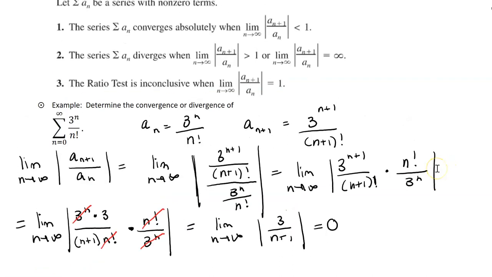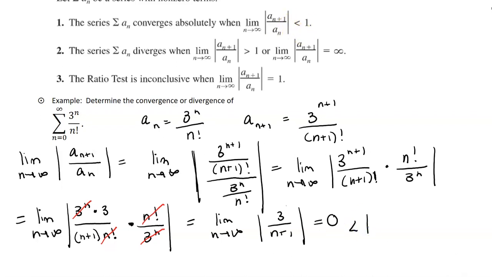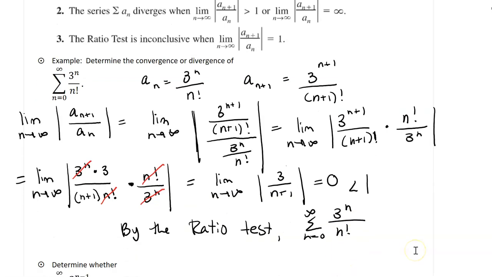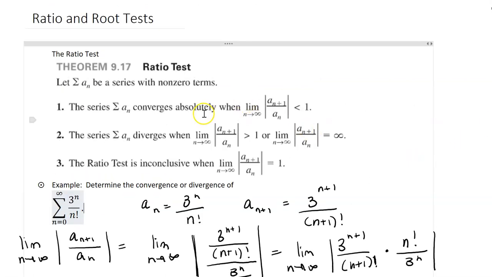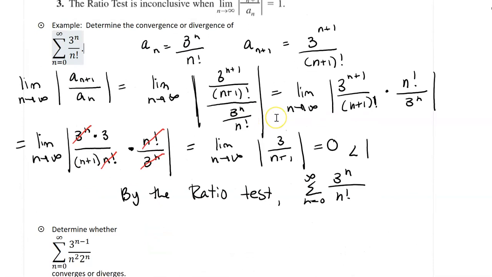Now since I got a 0, and 0 is less than 1, we can say by the ratio test the sum from 0 to infinity of 3 to the nth power over n factorial converges. And in fact, if you look back at the test, it converges absolutely.